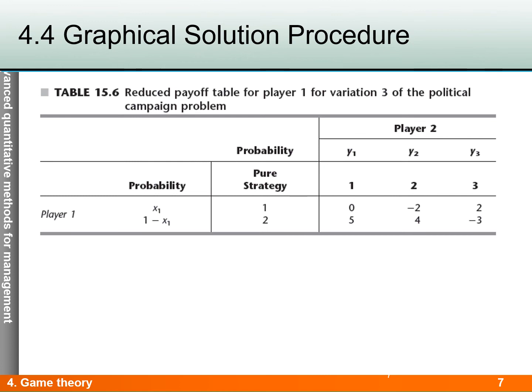I repeat, why? Because if one probability is x1, the other probability is 1 minus x1, okay? Or vice versa, in case of m multiplied by 2, if one probability is y1, the other one is y2.